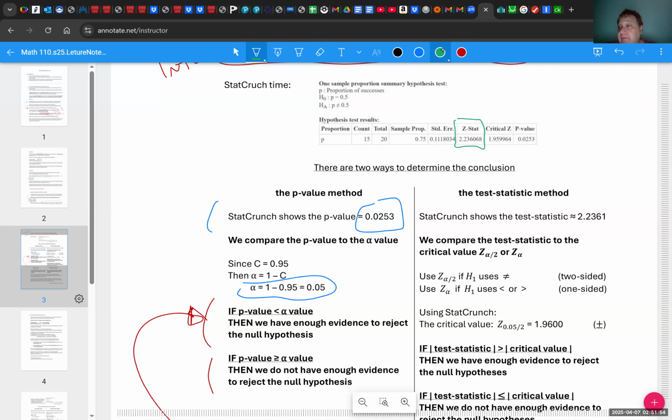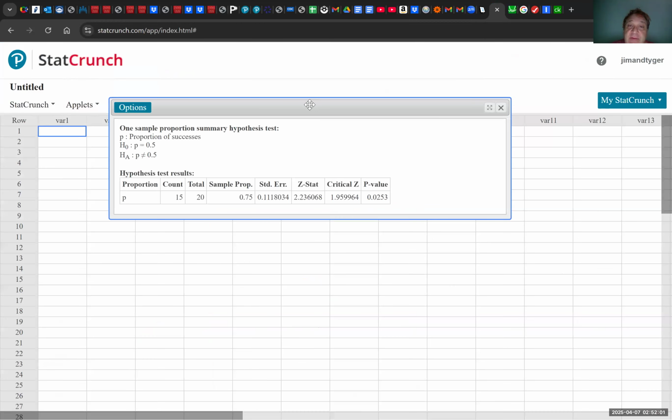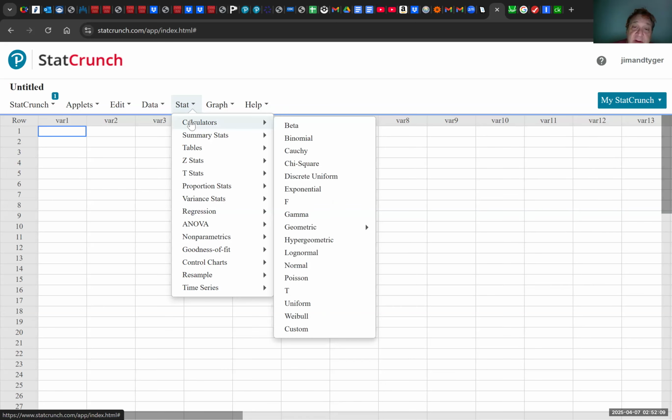Now, we've done critical values before. I'll just remind you, because people may be wondering about this. To do a critical value, I would go to my stat, and I would go to a calculator and go to a normal distribution. Proportions are normal distributions.